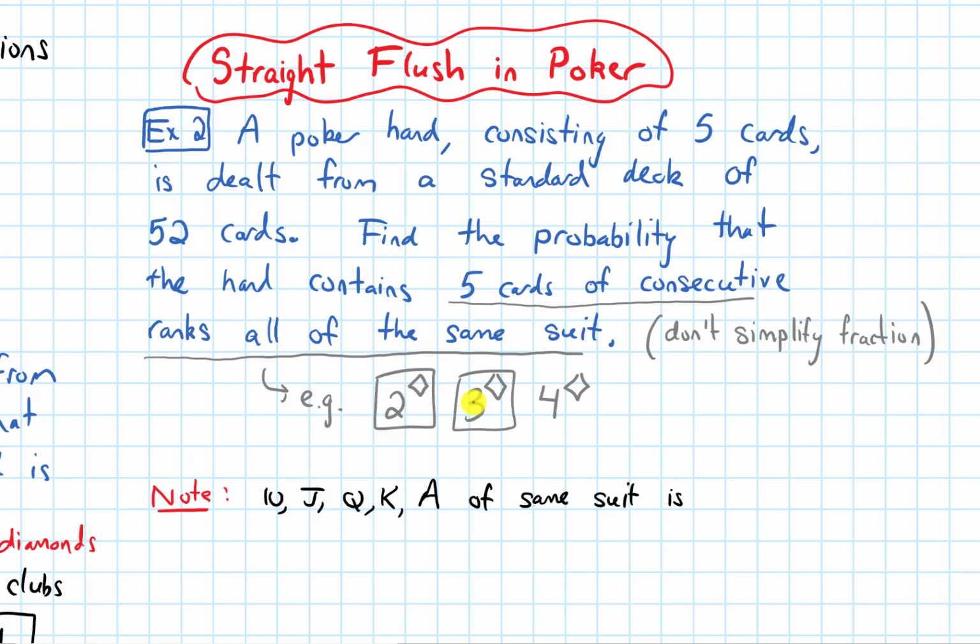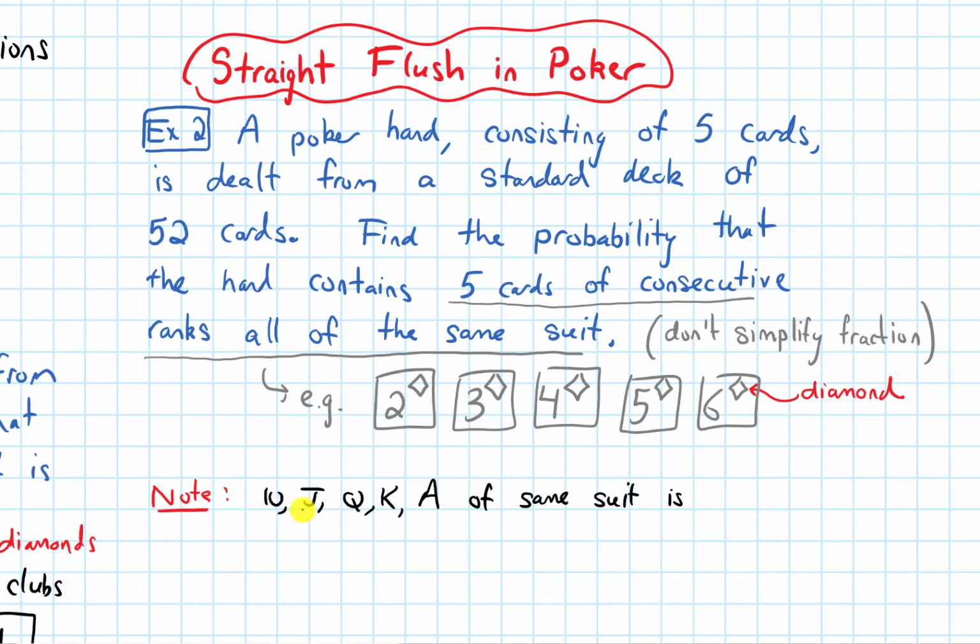So notice the rank, which is the number, keeps going up by 1 each time. 4 of diamonds, and then a 5 of diamonds, and then finally a 6 of diamonds. So 5 consecutive ranks, and they all have the same suit. In this case, the suit was a diamond. So that's an example of a straight flush.